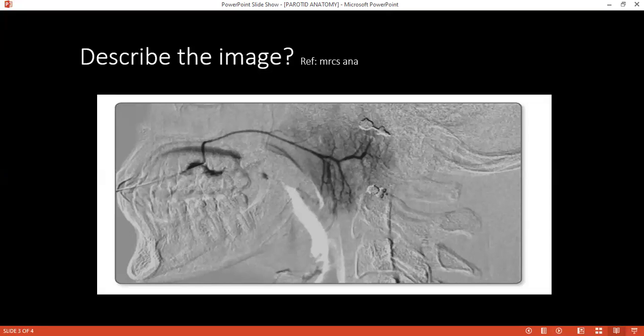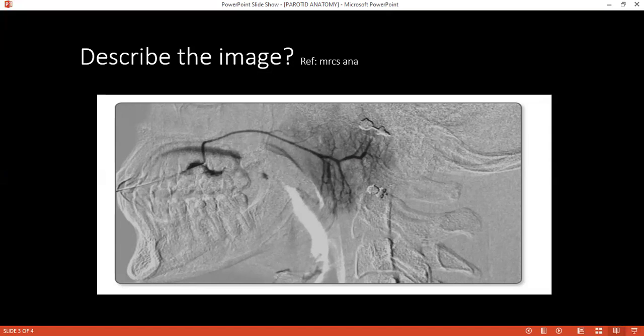If you can look at the image in front of you, can you tell me what kind of image this is and what you are looking at? This is an angiogram. No, not an angiogram. What is happening here? This is the opening of the parotid duct, opposite the second molar teeth.